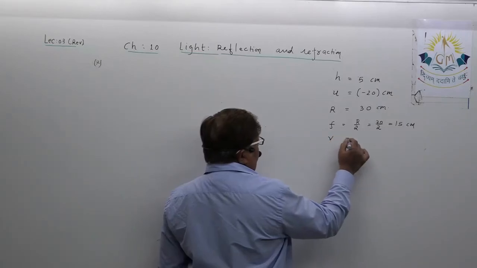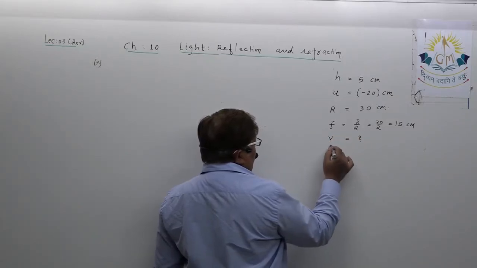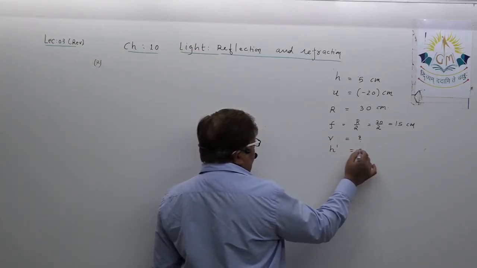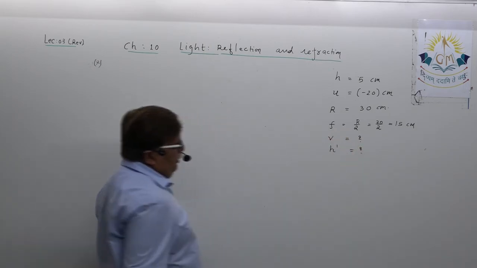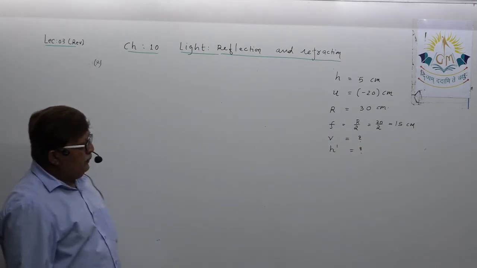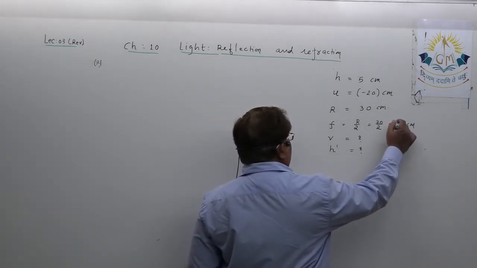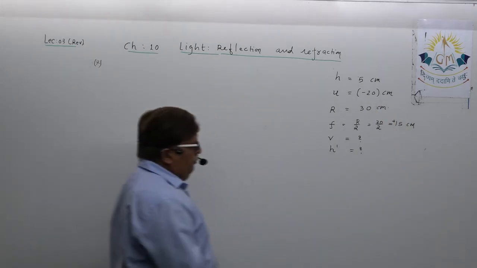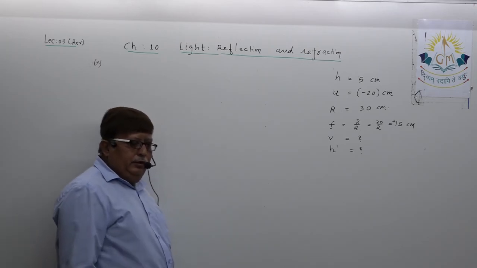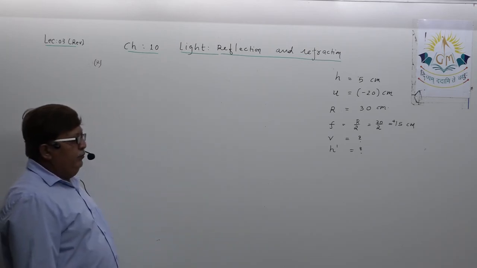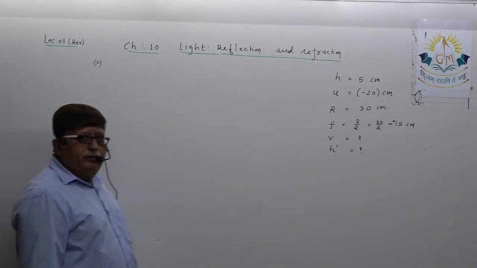Then we are looking for V, as well as H dash. And as you know, because it is a convex mirror, obviously the focal length is always going to be positive.